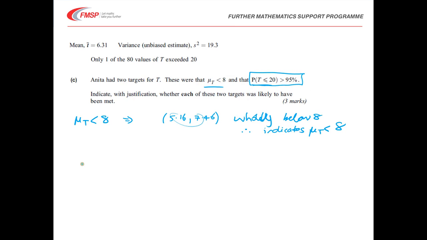So if we turn that round, that's going to be the probability of t being greater than or equal to 20 equalling 0.05. Now, we've already made a statement that we know the probability of t being greater than 20 is in fact 1/80th, which is 0.013.